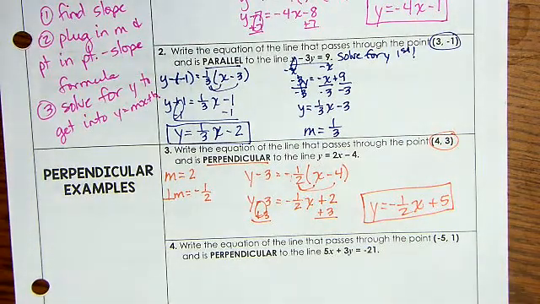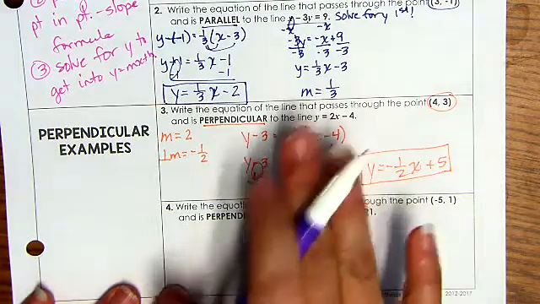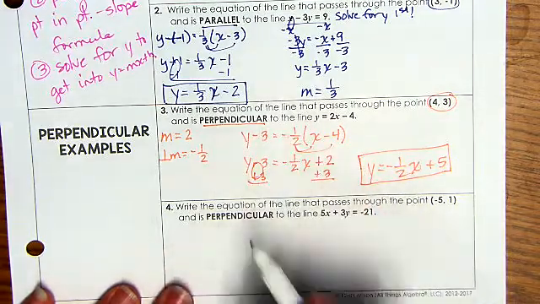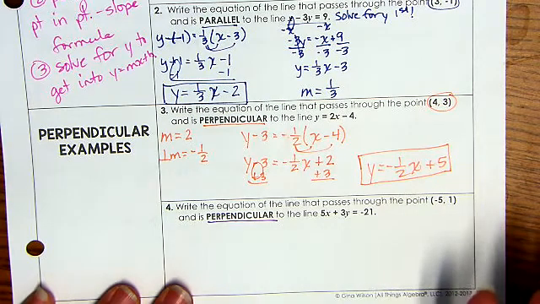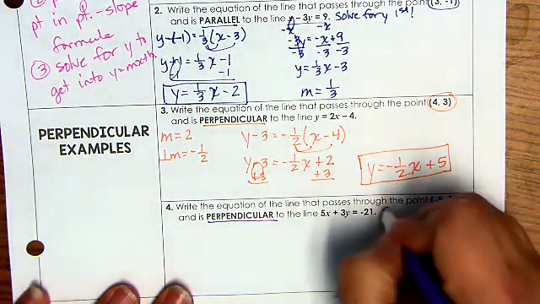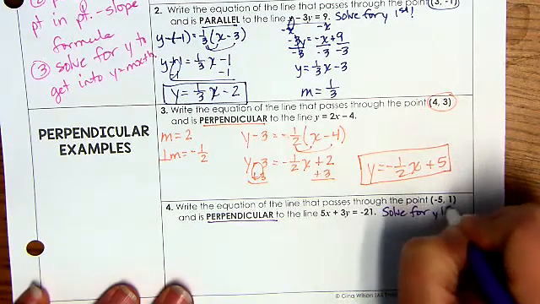Okay, number 4. This is the same type of scenario as for parallel, the only difference is we have to have a perpendicular slope. I've got to find it first. So again, solve for y first.